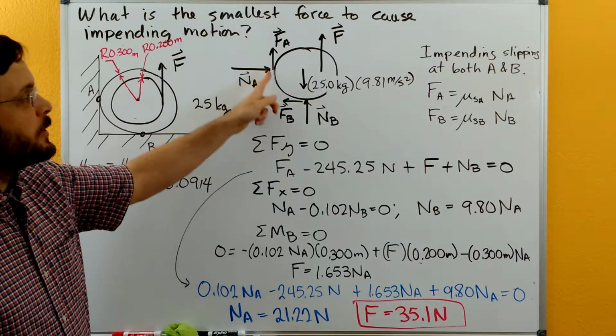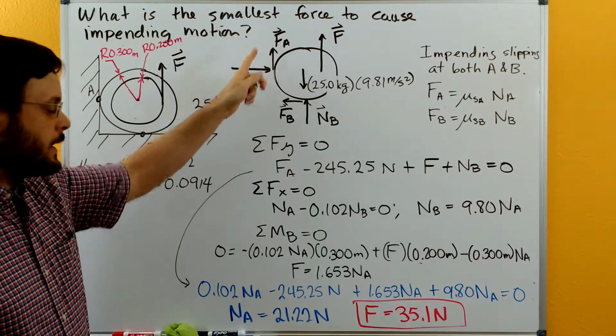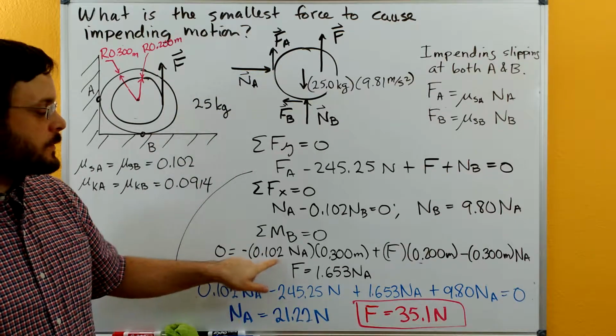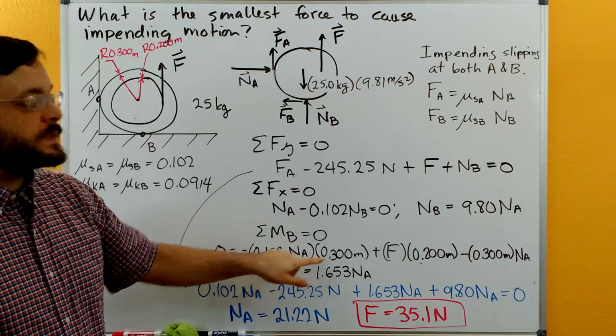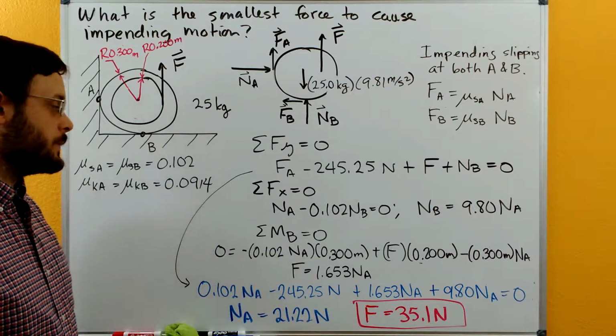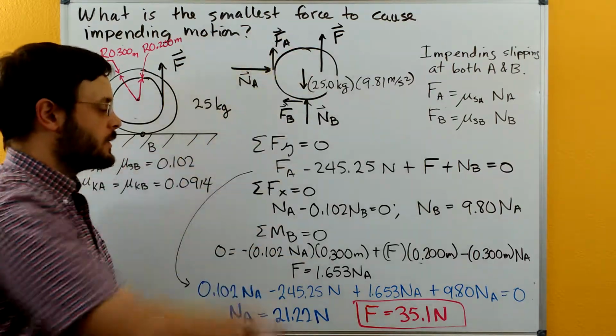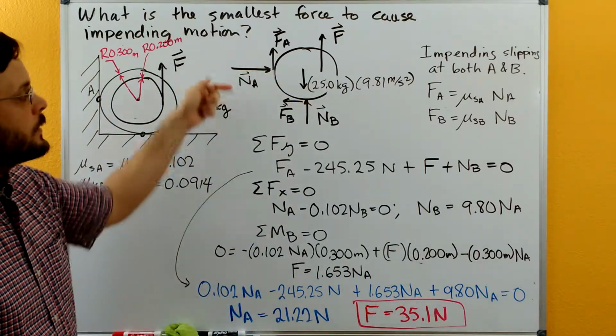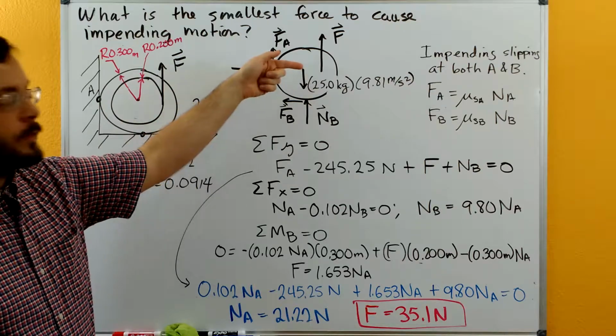So we have the frictional force at A. Remember that that's 0.102 coefficient of friction times NA times the overall radius of 0.3 meters. That's going to give you a negative moment about B here. You've got the normal force at A that's up 1 radius.